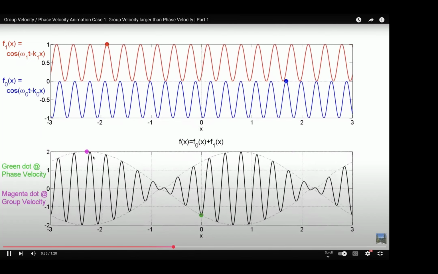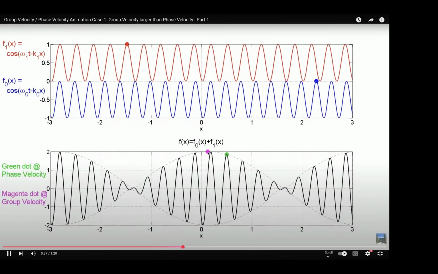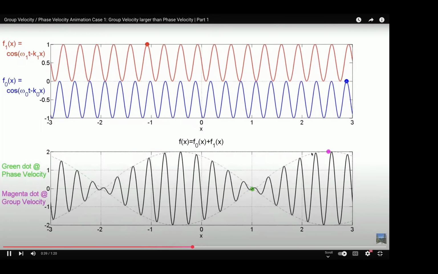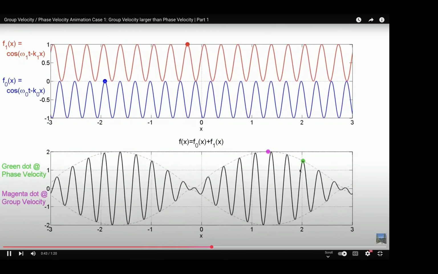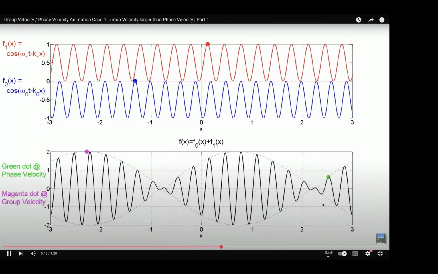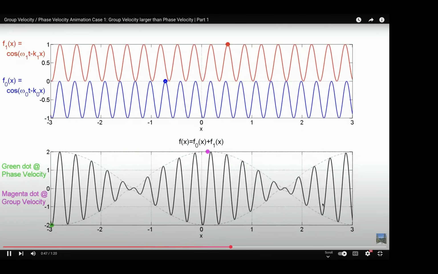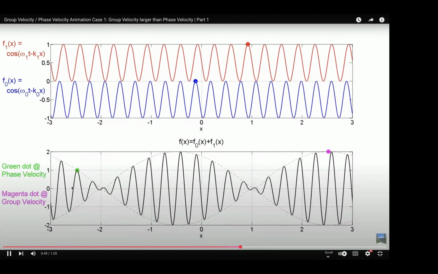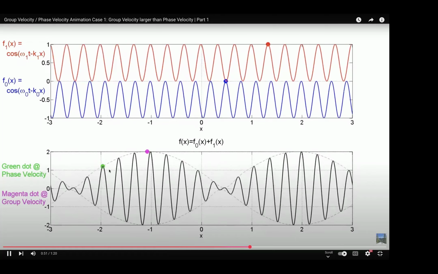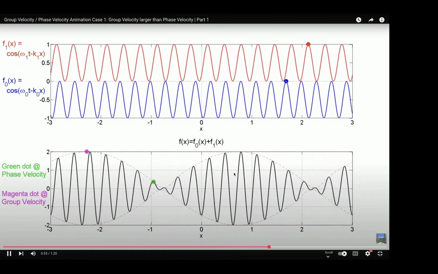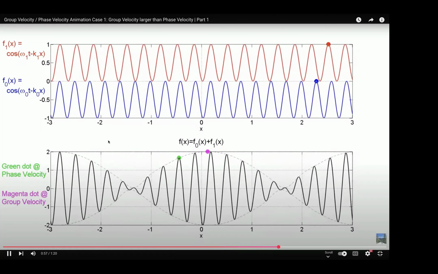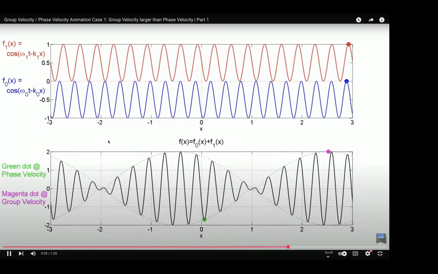So kung ipa-play ko ulit yan, ito yung magenta, sinusundan niya yung speed ng wave packet. And itong green, it just follows yung individual na resulting na wave. So magkaiba ng bilis yung phase velocity at saka yung group velocity. And this is how we describe yung wave function.